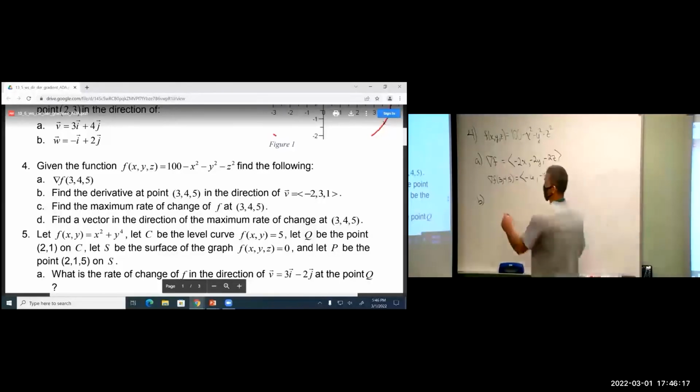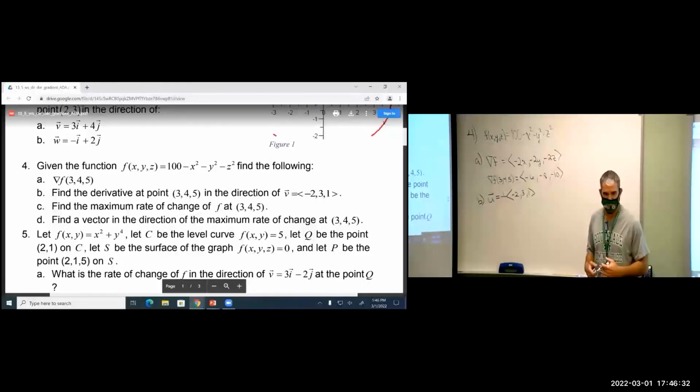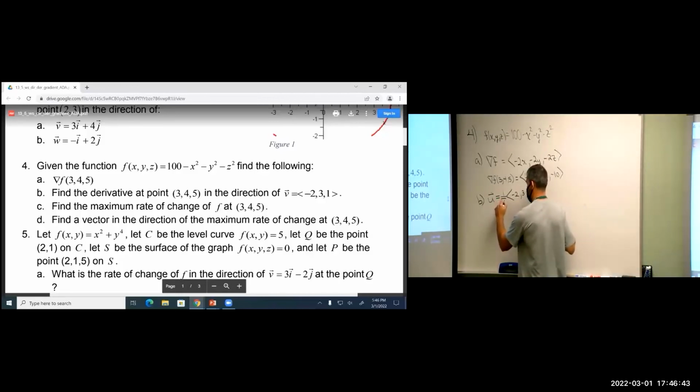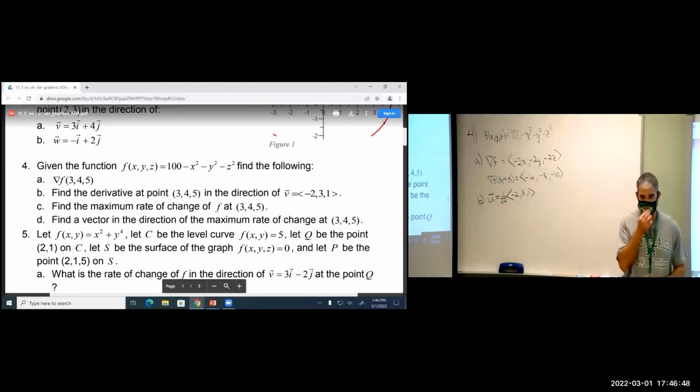So the very first thing we'll do is make V a unit vector, which will have the minus 2, the 3, and the 1. But we have to divide by the magnitude, which is the square root of the sum of the squares of the components. So 2 squared is 4, 3 squared is 9, 13, plus another 1 squared is 14. Square root of that. You can't forget that part, otherwise this thing will not come out correctly.